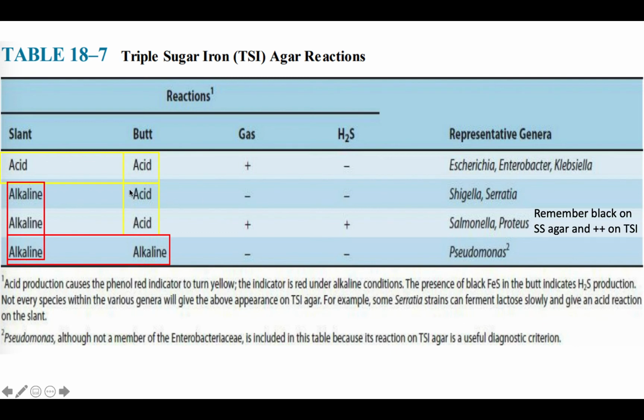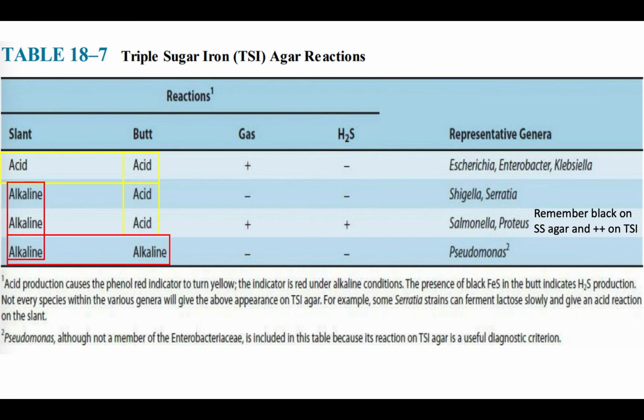So only in the butt, the less oxygenated environment, you will have acid, whereas in the slant, the oxygenated environment, there is no fermentation of lactose, so you will have an alkaline slant. Now Pseudomonas is neither a glucose nor a lactose fermenter, so it does not ferment anything. It will leave the media as it is, alkaline.